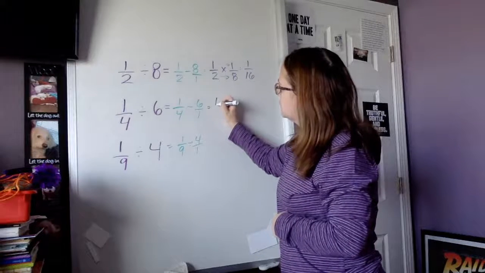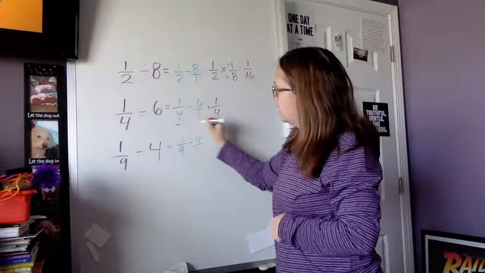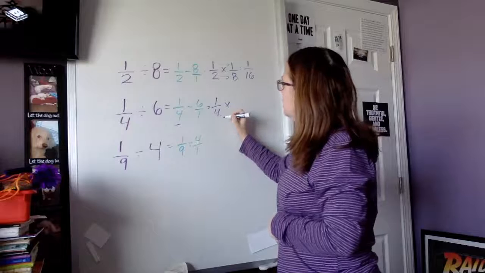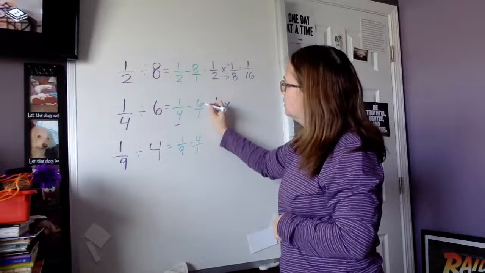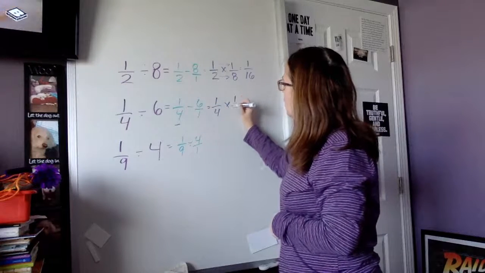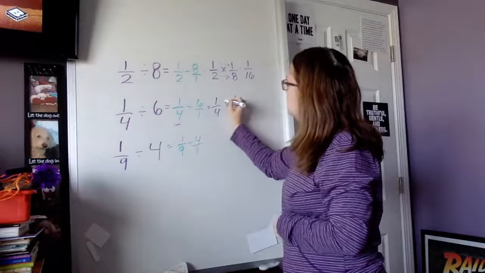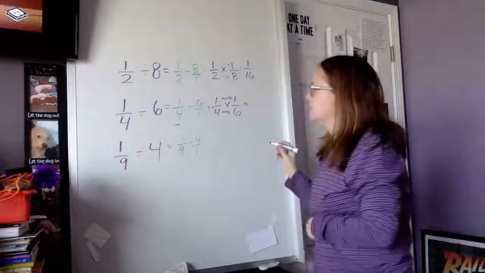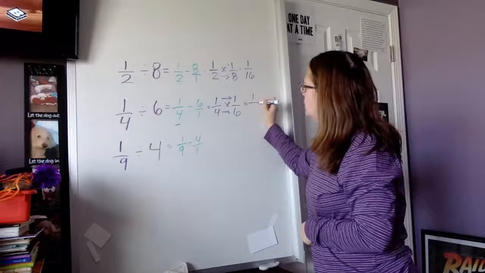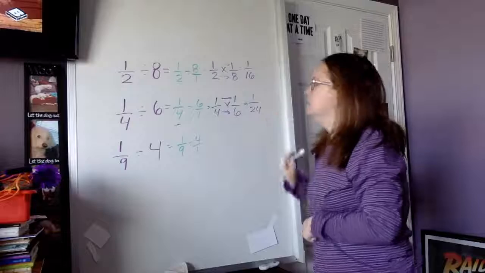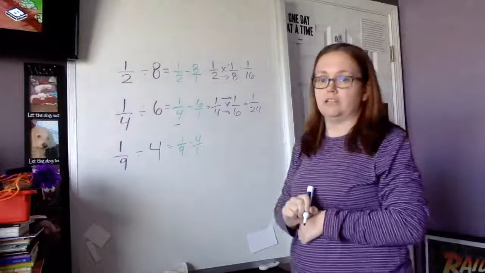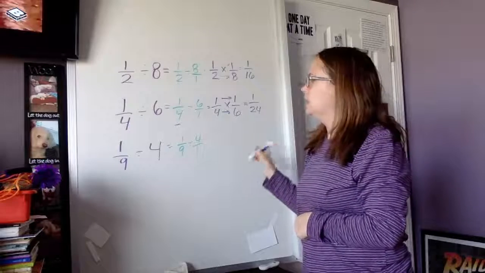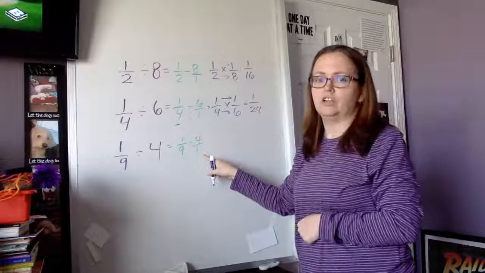And if you rewrite this one, you keep 1/4 the same, and then you multiply, and then you take the reciprocal of 6 over 1, and you get 1 over 6, and then you multiply straight across and get 1 over 24. So I'm going to give you a few seconds that will seem like an eternity to me because I'm talking to myself, but go ahead and give this last one a try on your own.